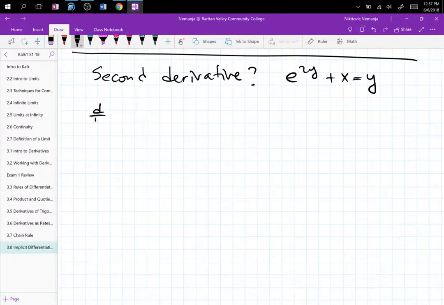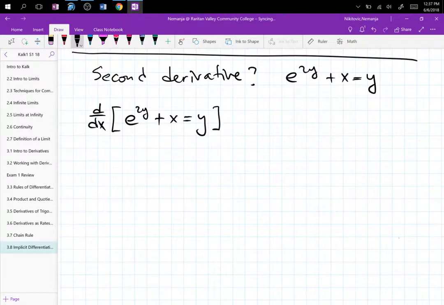So to get to the second derivative, we have to deal with the first derivative first. And then we are going to take the derivative of e to the 2y, which is e to the 2y dy/dx, plus 1 equals dy/dx.